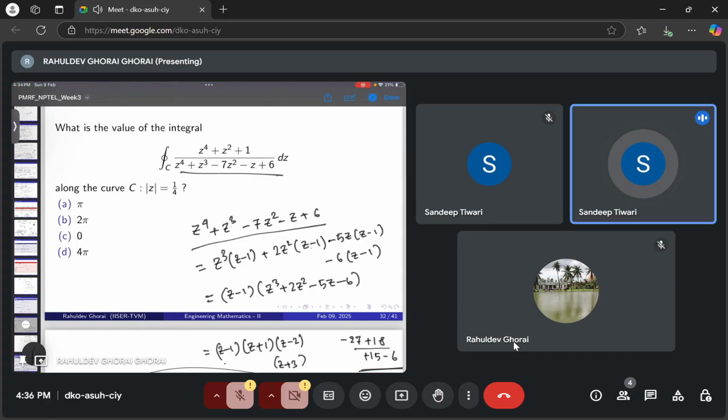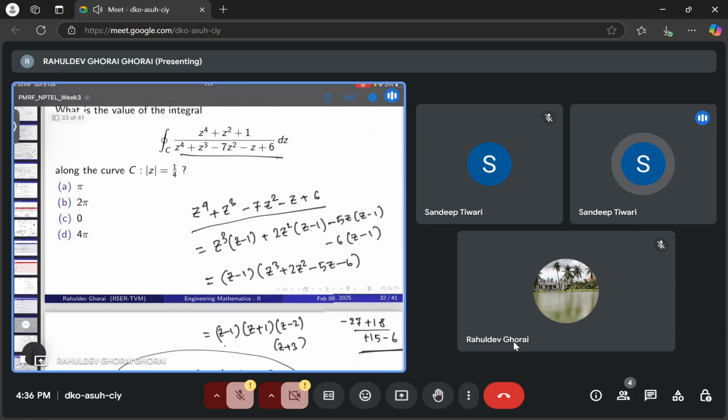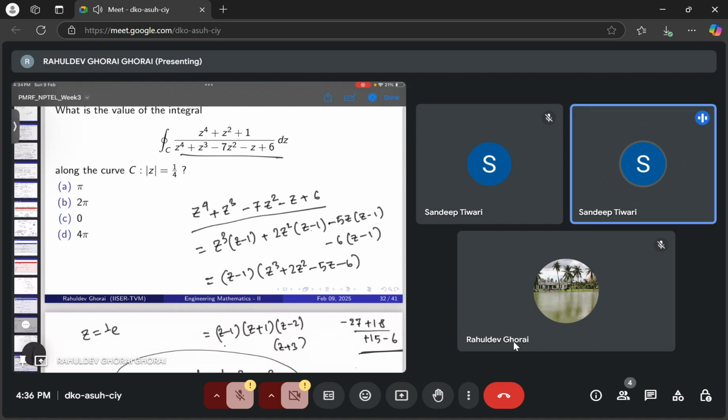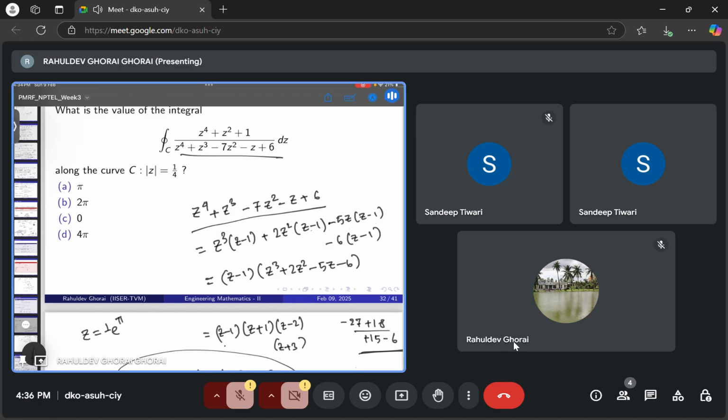In that general case, we have to parameterize the curve, modulus z equal to 1 by 4. Whatever you do, that will be very lengthy. Maybe you put z equal to 1 by 4 e to the power i theta.